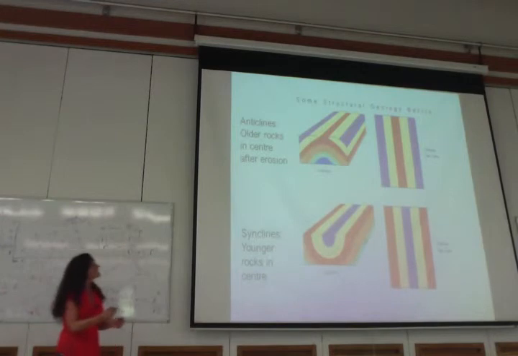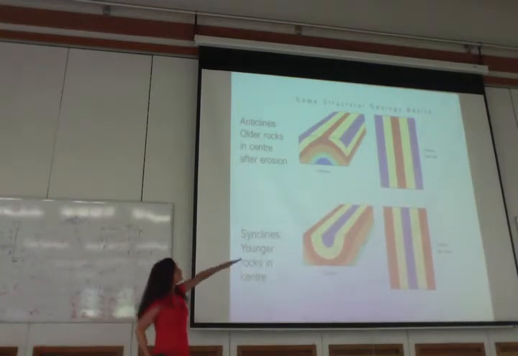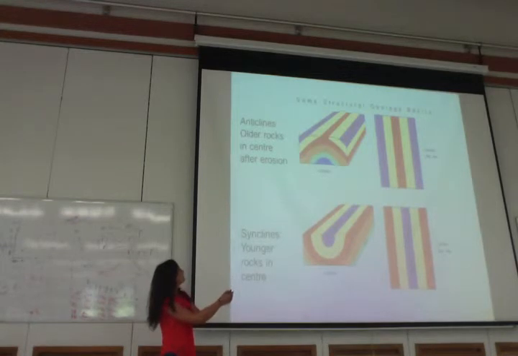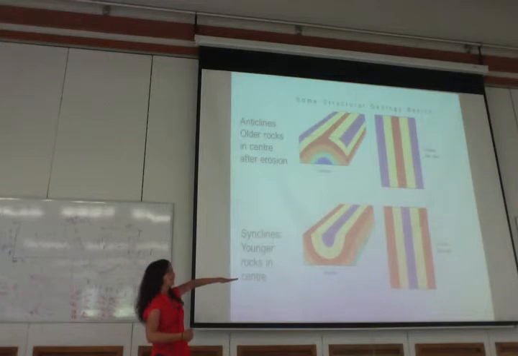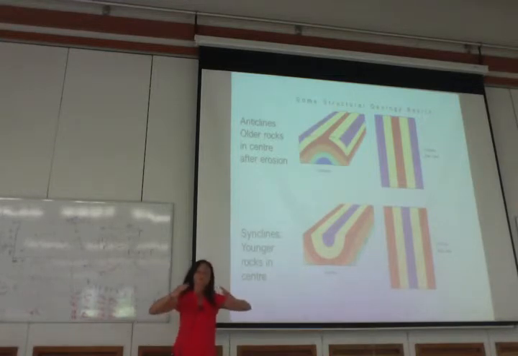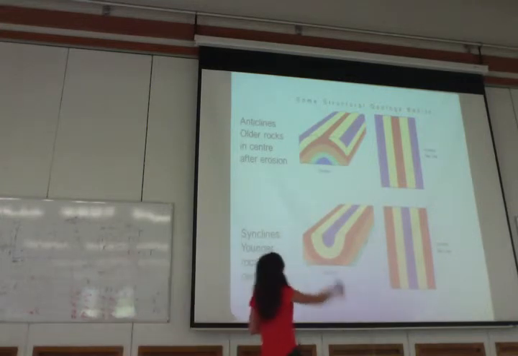If we saw an anticline, and obviously every Earth surface has been eroded flat, what we'd end up seeing is older rocks in the centre, and then repeated either side, gradually younger rocks. And if you were to measure the angle of dip, so the orientation or the dip of that bed from the horizontal on either side, you'd see that the beds were dipping away from each other from that centre. And that's what it might look like on a map.